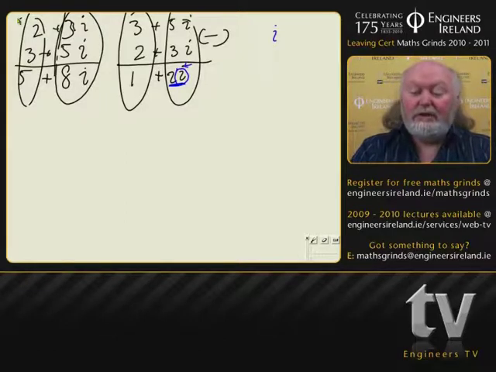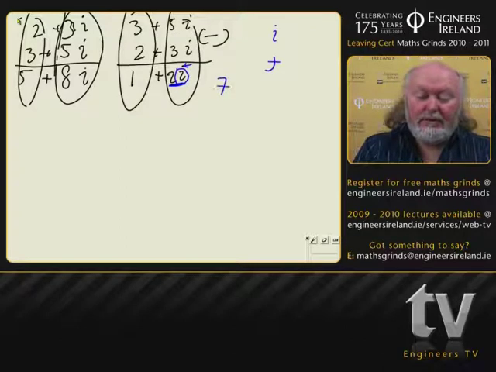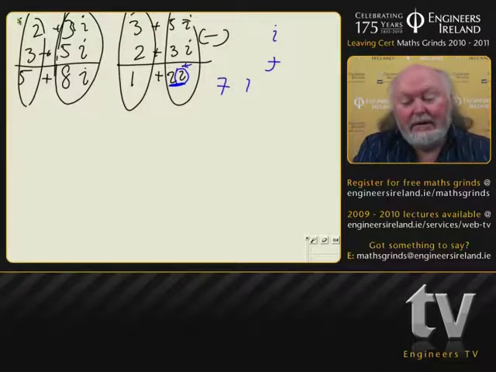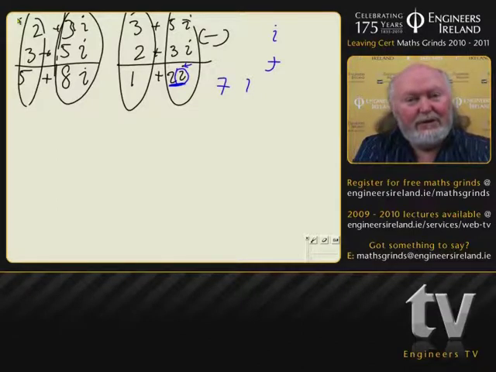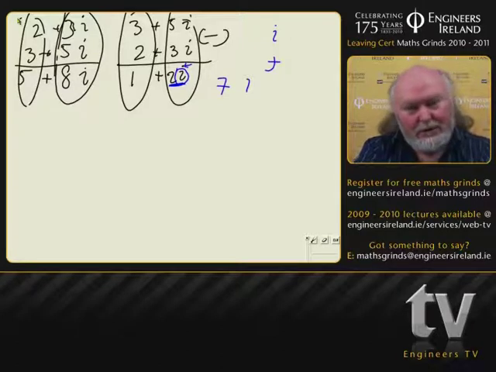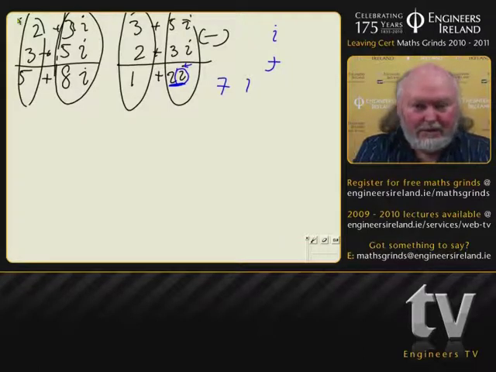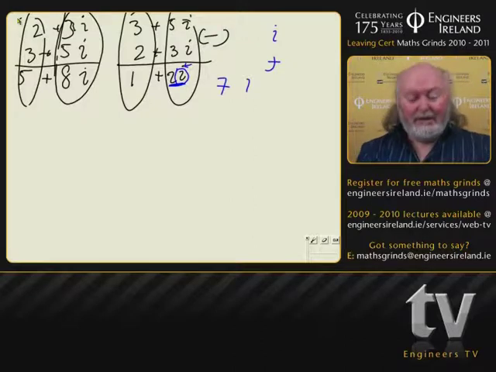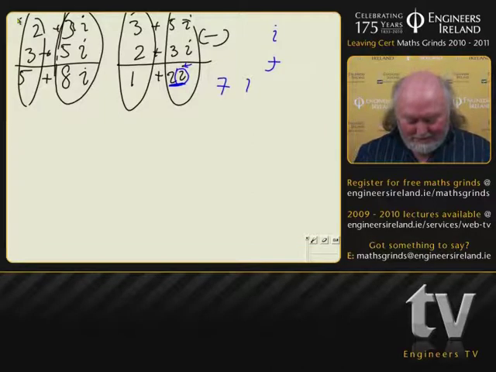If I write a lowercase j, I'll always write it with a stroke through it, in the same way as I'll draw a 7 like this, because I'll often write 1 like that, and I don't want to get confused, so I'll put a stroke through 7 and a lower j, and I'll always put a dot over my i. So if you're trying to decipher my handwriting, and worse still, if you're trying to decipher your own handwriting later, or if some examiner is trying to decipher your handwriting, you have to give them at least some help. And the help I'll give is a dot over my i. Something like that will probably work for you too, unless you have very good handwriting.